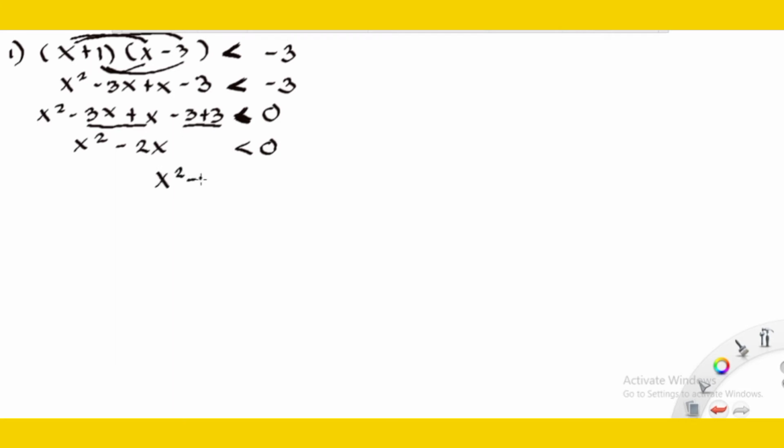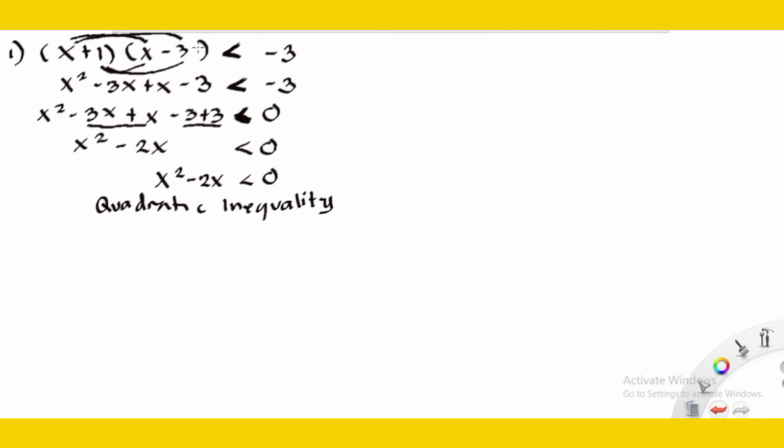So we have x squared minus 2x is less than 0. So this is inequality because of the inequality symbol used, which is less than. This is quadratic because of the degree 2. So we can say that this is a quadratic inequality.